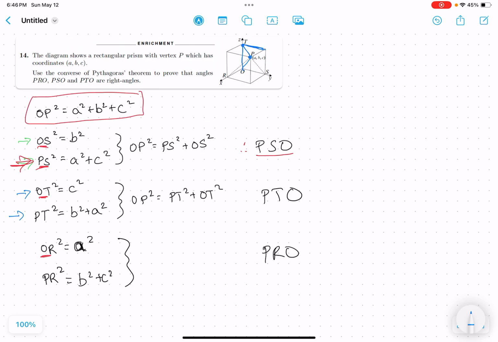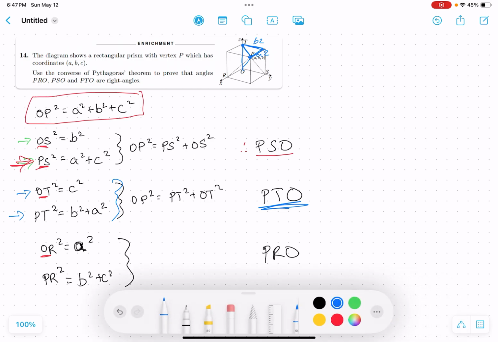So that's b squared. And then I'm coming along the x-axis, so that's a squared. So PT squared is b squared plus a squared. Again, if we add those together, we can see OP squared is the addition of those two. So again, we've got a nice right angle there.